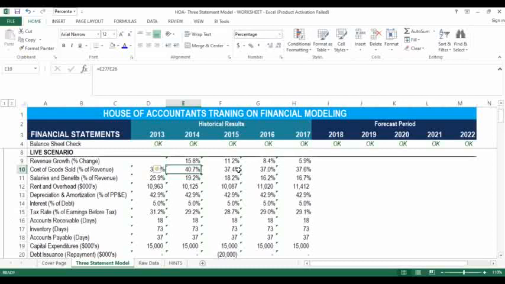Then if you look at salary, it increased also between 13 and 14, and in 2015 decreased, 2016 decreased, but in 2017 started going up again. So you must take note of it. What happened that this cost started going up?